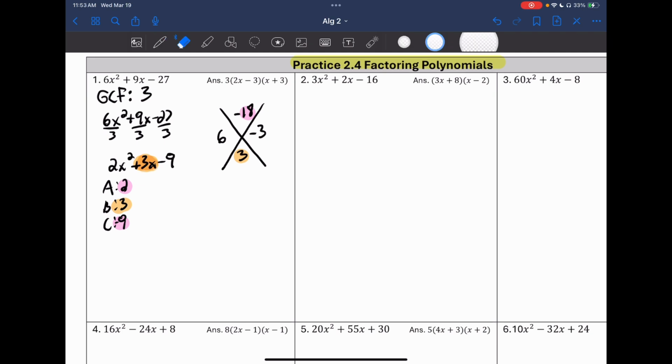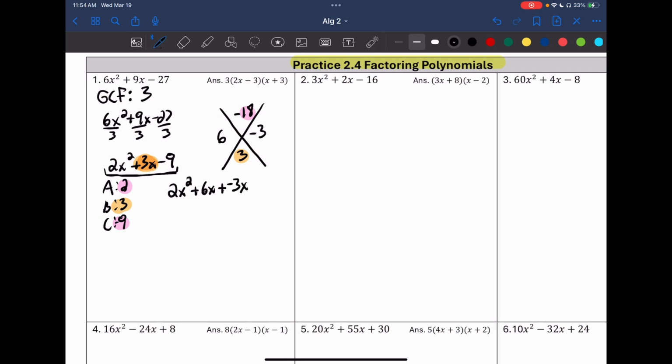All right, so now that we have the numbers in our magic x, 6 and -3, we want to rewrite the equation that we got after we factored out the GCF, expanding the b term into the two factor pairs we get in the magic x. So it's going to be 2x squared, and that's going to be plus 6x. Instead of writing a -3 there, I'm going to put plus a -3x.